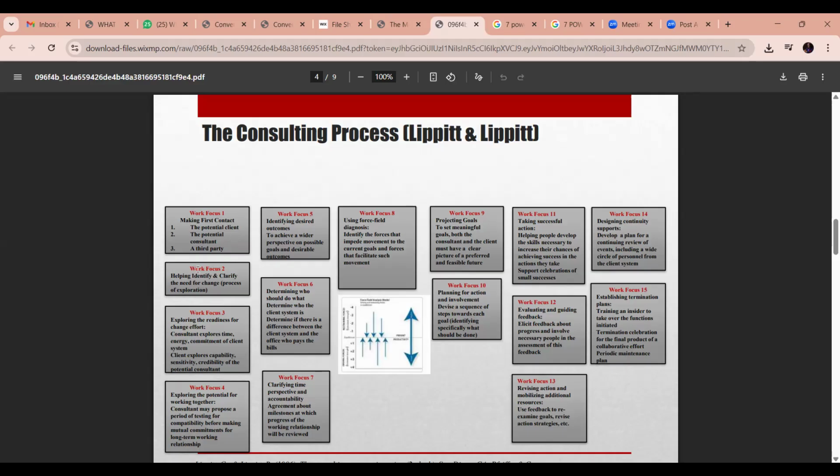Trust me, 90% of the time when a client advises us, they tell us what to do, but you need to be careful that you don't jump at the first suggestion of what the client has told you. The client most likely will tell you what they are seeing, which is symptoms, not the root cause. So for us as consultants, we are interested in finding out the root cause.